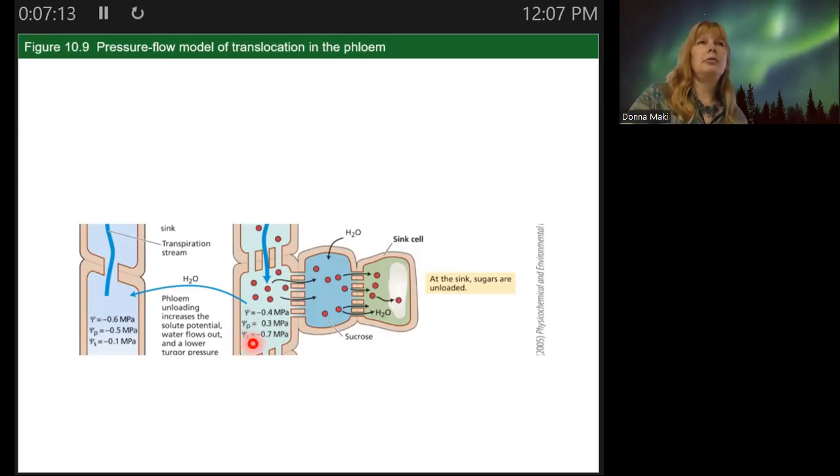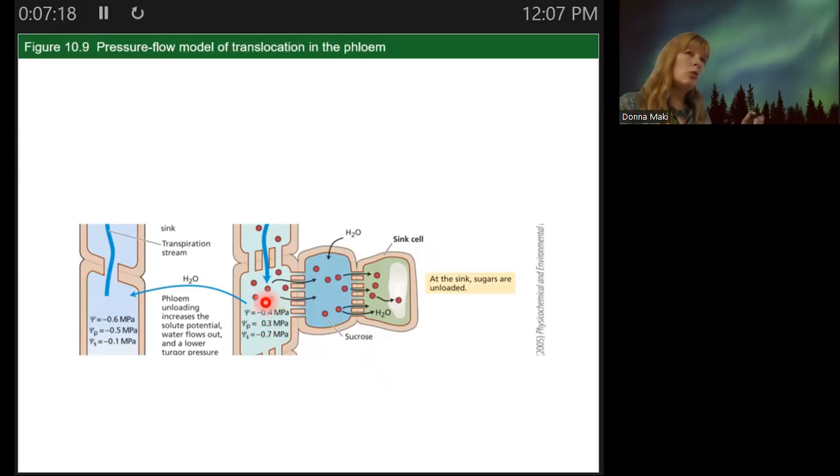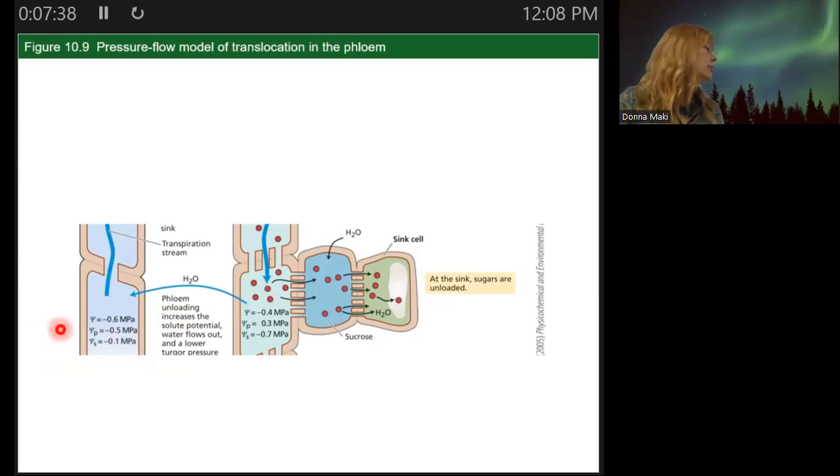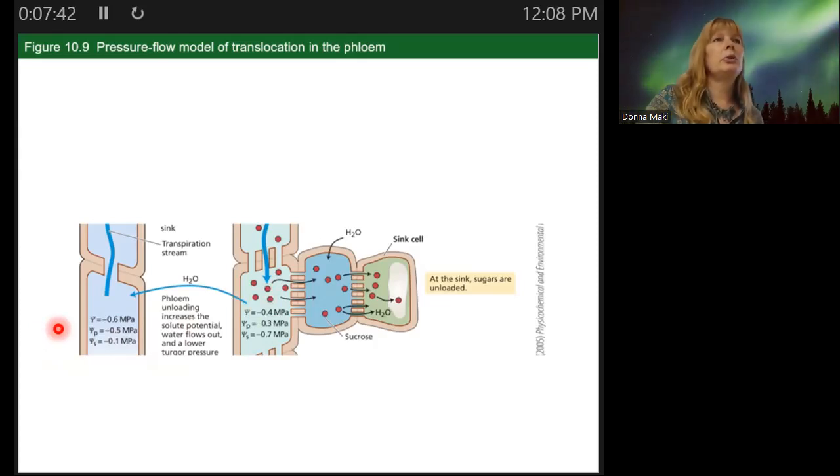It'll become less negative. So that means water will probably go out of that sieve tube element to a more negative water potential, which is typically the xylem right next door. So here you can see the overall water potential is negative 0.6 in the xylem. Over in the sieve tube element right next door, it's negative 0.4. That's less negative to more negative. 0.4 to 0.6, less negative to more negative.